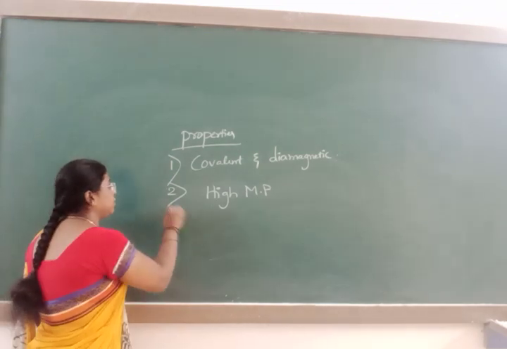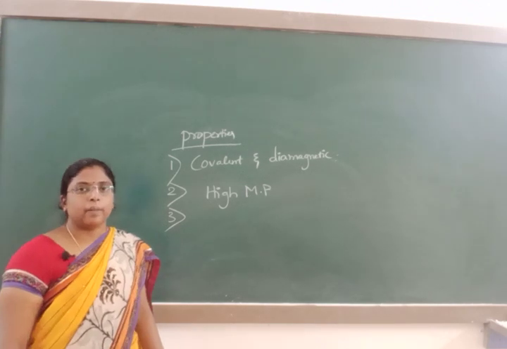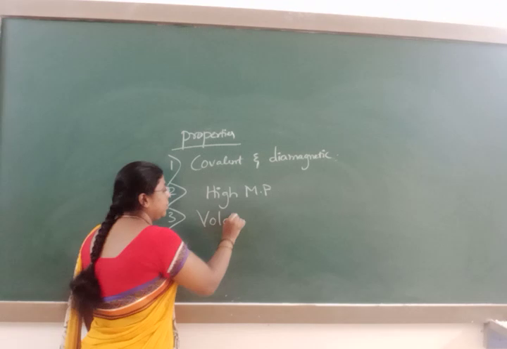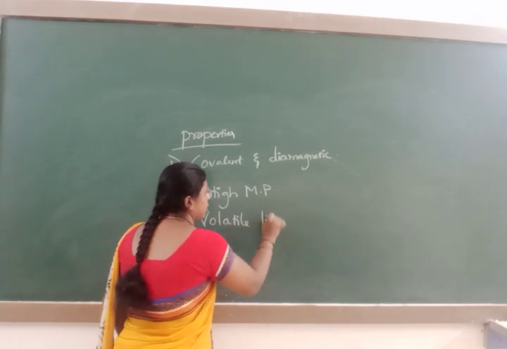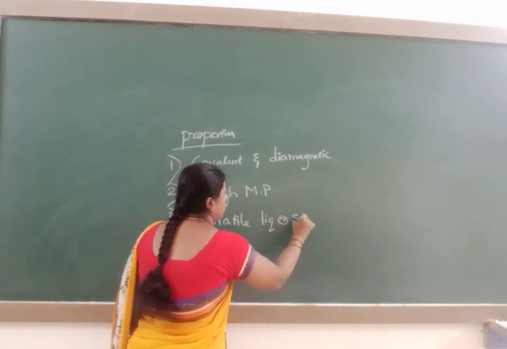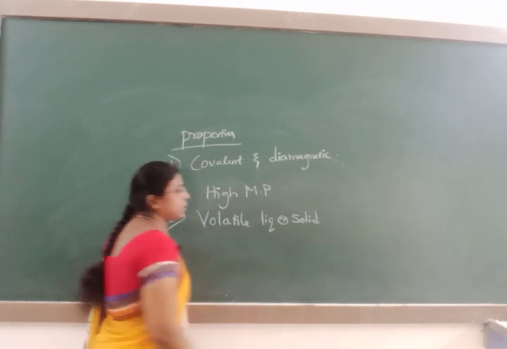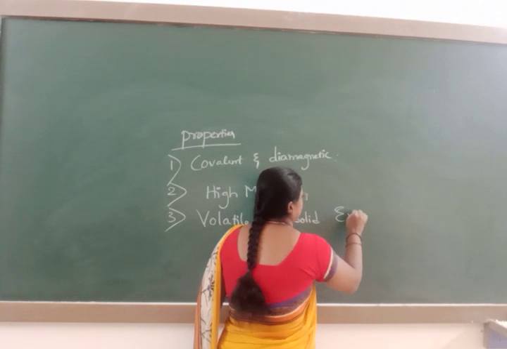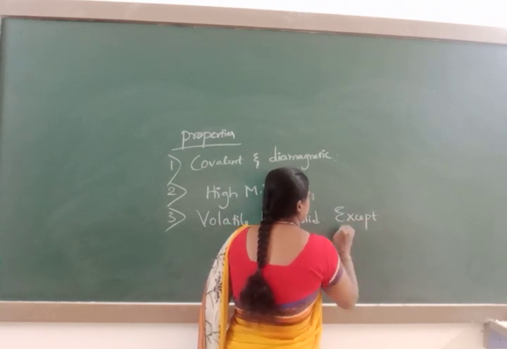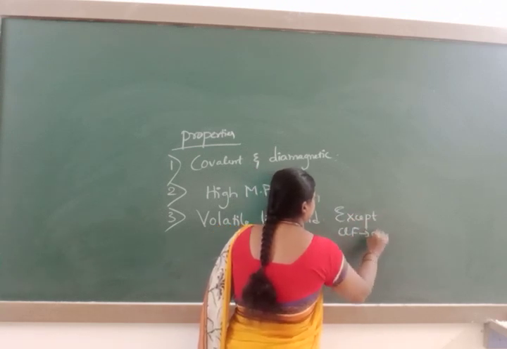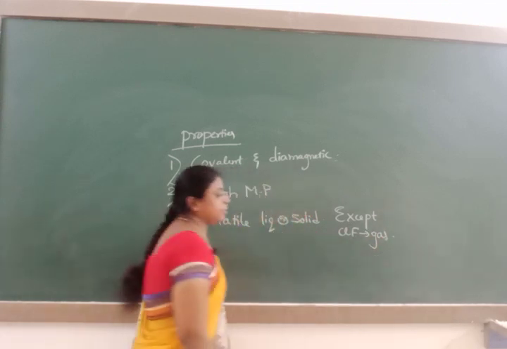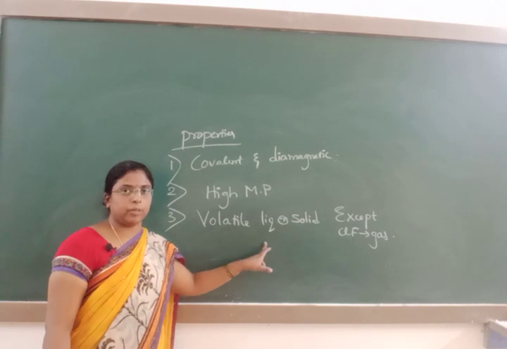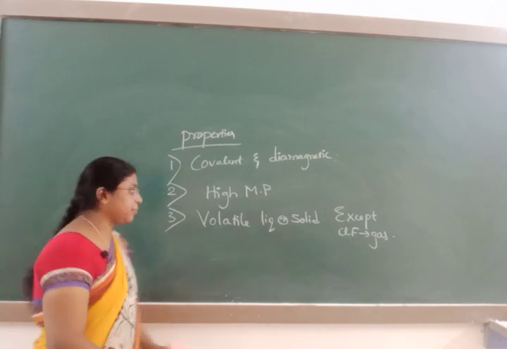The physical state of interhalogens is generally volatile liquid or volatile solid, except ClF, because ClF is a gas. Except ClF, all interhalogen compounds are either volatile liquids or volatile solids.